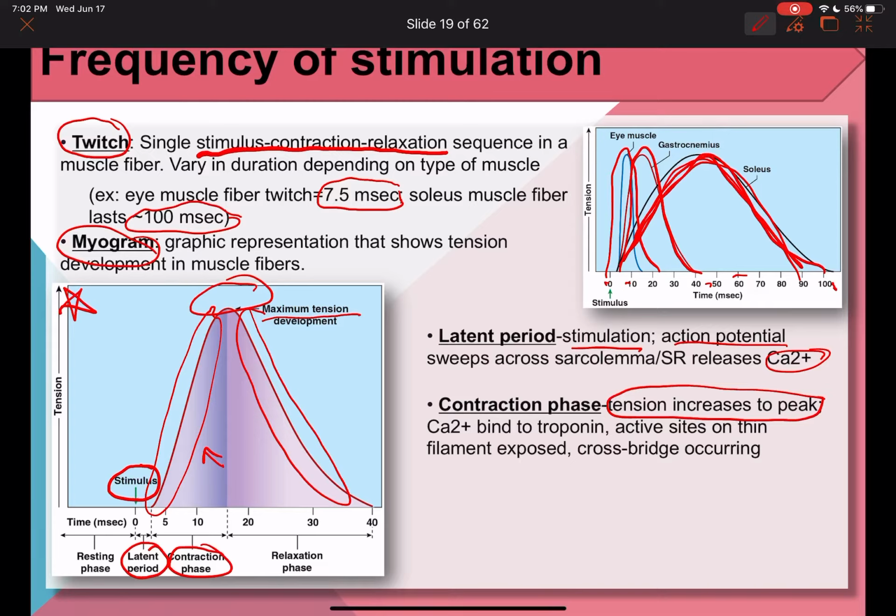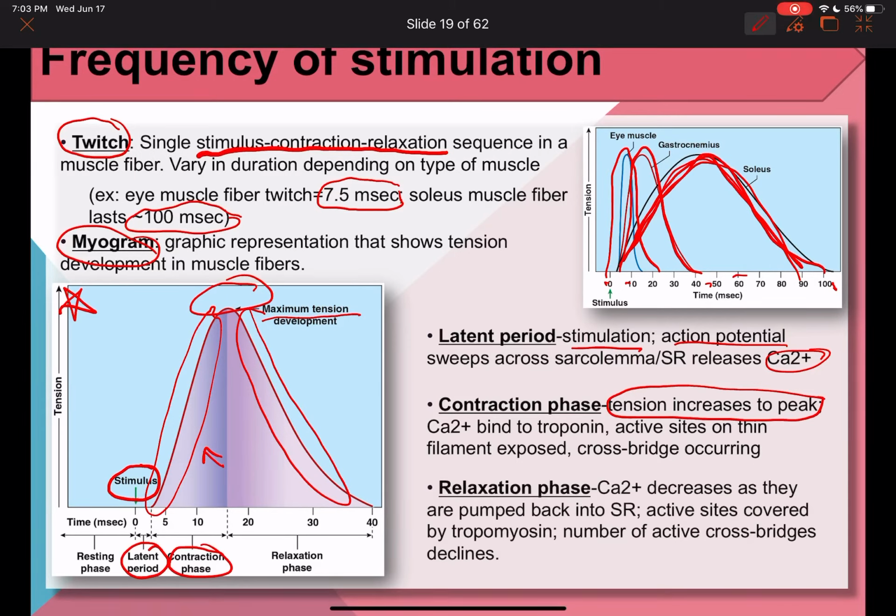Active sites on the thin filament are exposed, and then you have those cross-bridge formations. And then after the contraction phase, you have the relaxation phase. In the relaxation phase, the calcium ions will decrease because they're pumped back into the sarcoplasmic reticulum. Active sites are now covered again by your tropomyosin, and the number of active cross bridges will decline, allowing your muscles to relax back to their original resting length.